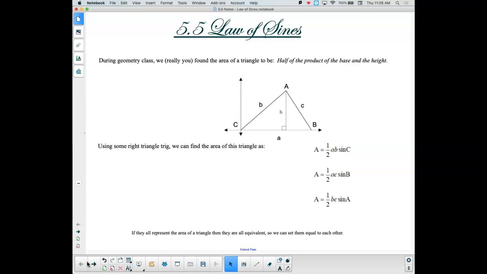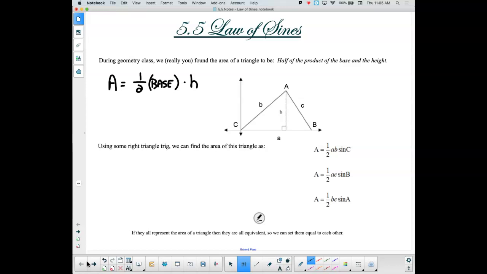Okay? So you learned, back when you were a tree, that the area of a triangle is 1/2 the base, and I'm going to use the actual word base because I don't want to get confused with B, times the height.